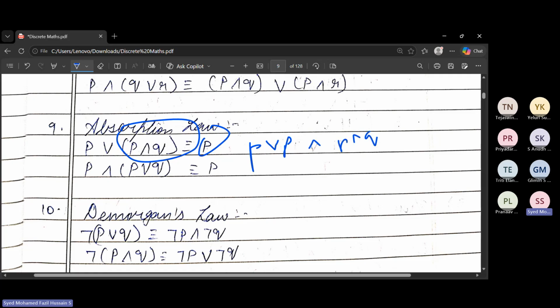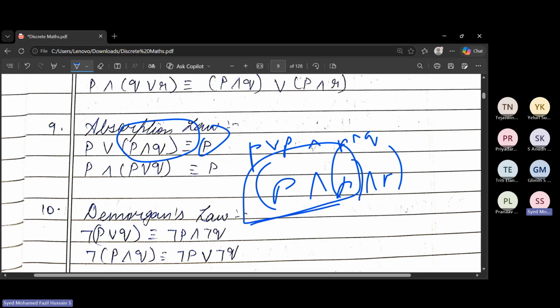So it will give p and p or q as a result. So either way, we'll just consider this p and p. So sorry, it's p or q, right? So p will dominate over that q. So therefore, it will be only p at the end.